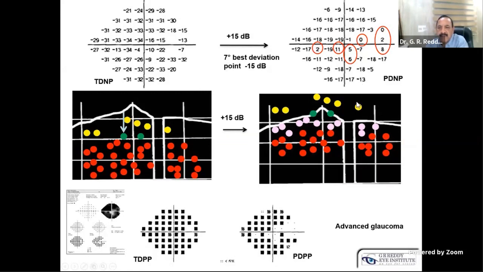If you select a point towards the right, that means the 20th or 25th, these superficial scotomas will disappear. Only deep scotomas will remain, and most of the points will become normal.